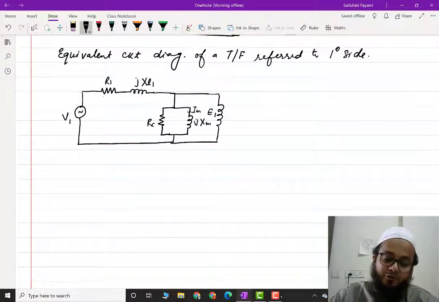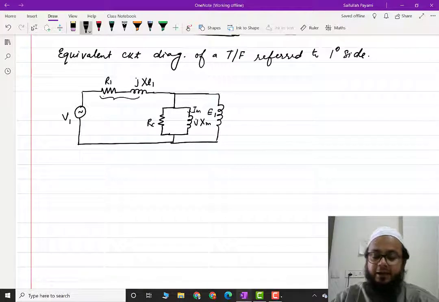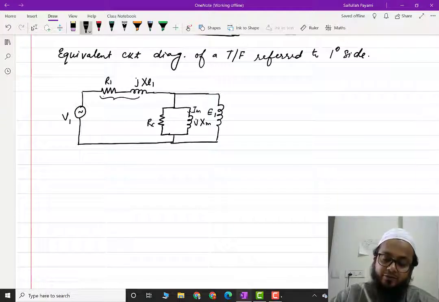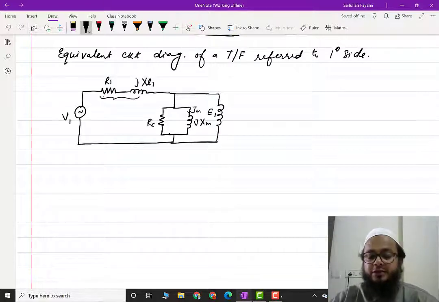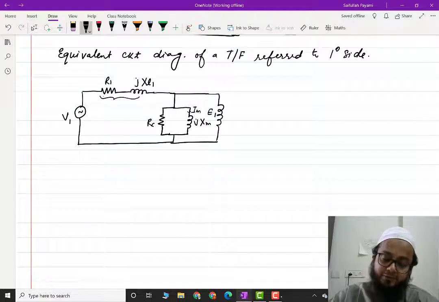There would be some drop depending upon the load current across the winding resistance and the leakage reactances, the winding impedance, and after that you would have the induced EMF, right? So that's why it is best to show these shunt branch parameters towards the winding side.